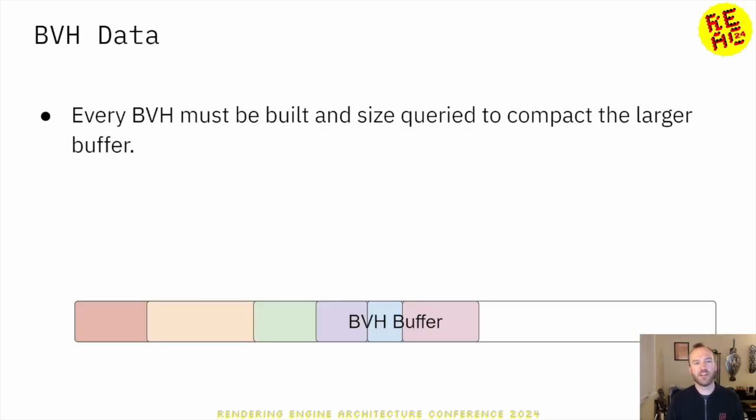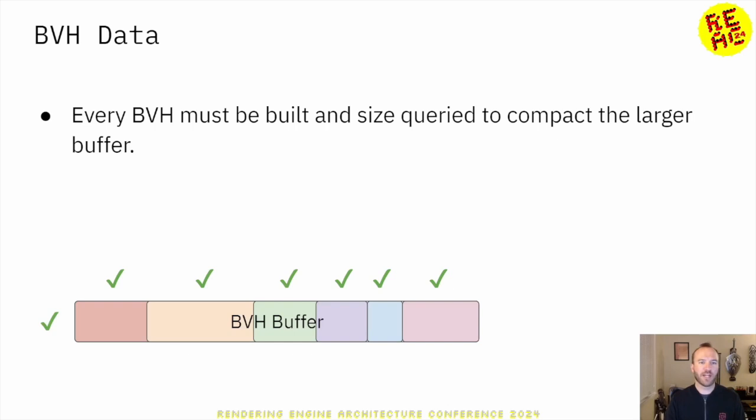Now, since we are maintaining all of these structures in a monolithic buffer, this introduces a requirement that all BVHs within that buffer need to be individually built before the overall buffer can be compacted. A key reason for that, especially for dynamic objects, is that we cannot be completely sure if an individual BVH is going to be built eventually or never.